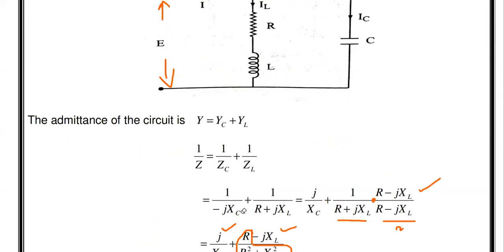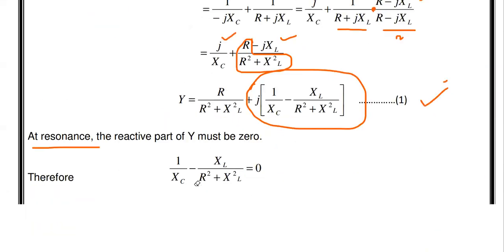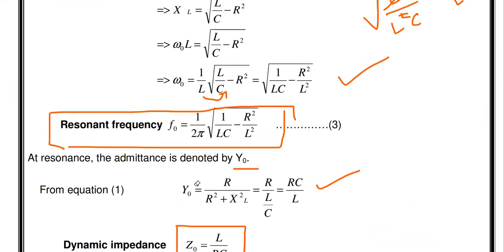In the second circuit, the coil has some amount of loss, represented by a resistor, and the capacitor is ideal. This is one of the practical parallel circuits. In that case we derived the resonant frequency formula as 1 by 2 pi square root of 1 by LC minus R squared by L squared.